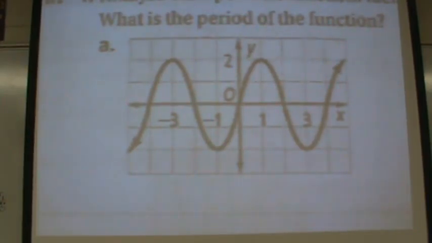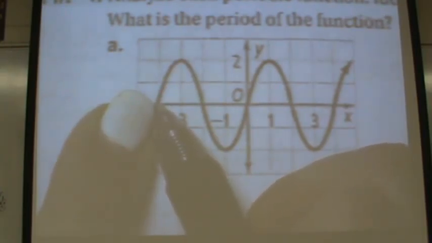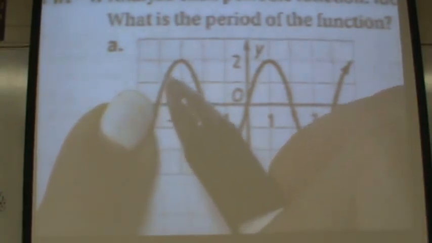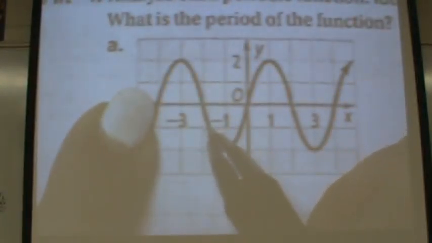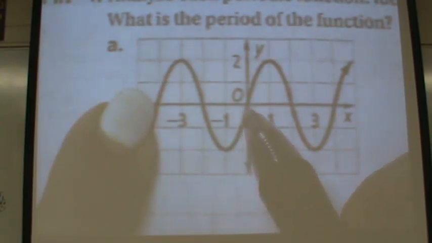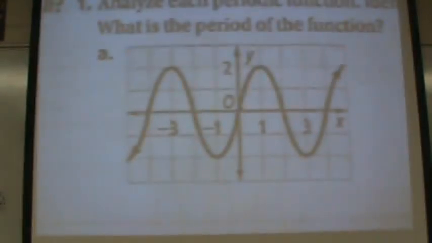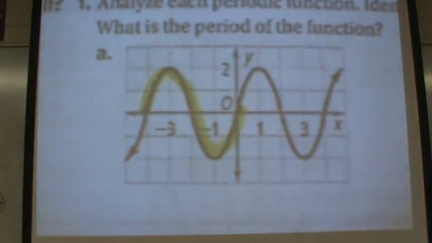So let's say someone started at this point right here, which is -4. If you start here and go here, tell me when the cycle repeats itself. Tell me when to stop. Okay, you got it. And then it repeats itself. You are absolutely right on. So from here to here, that was one full cycle.